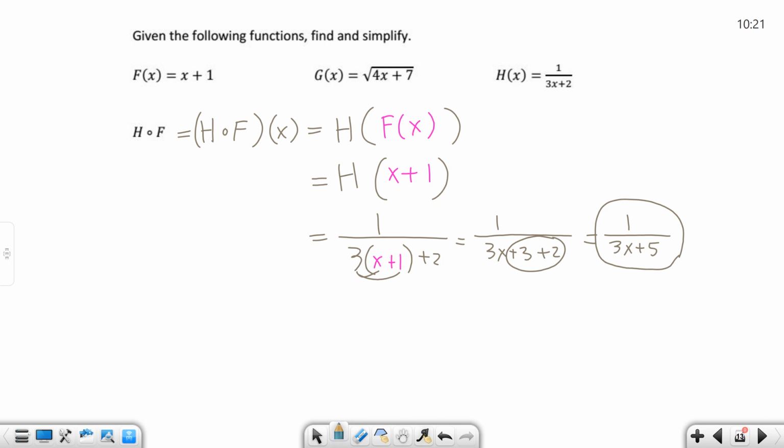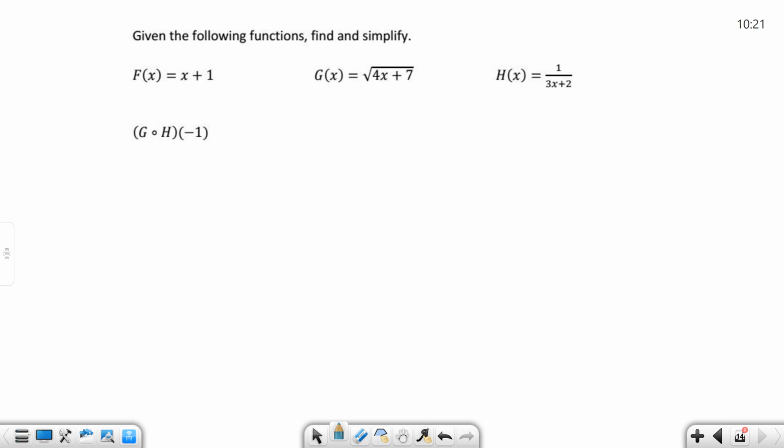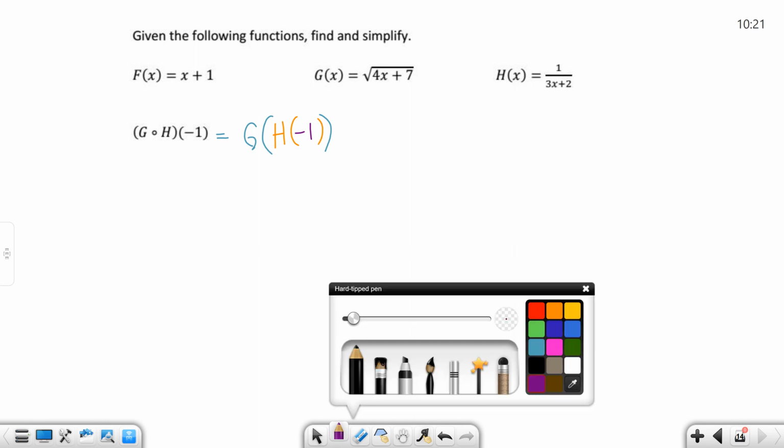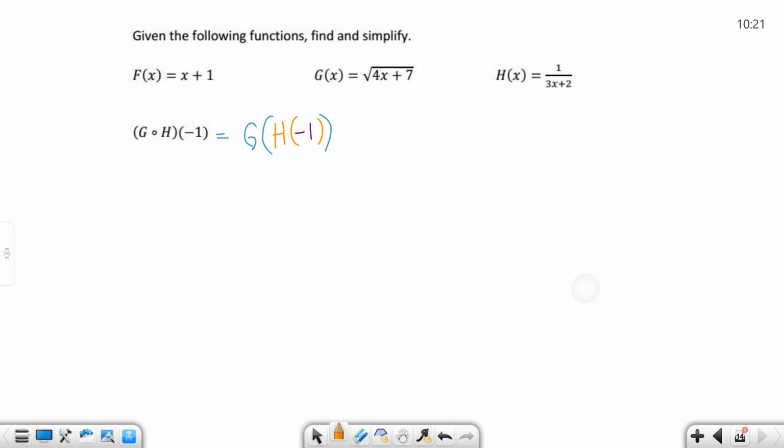Oh, I used that color again. Oh well. Capital G of capital H of negative 1. So this means capital G of capital H of negative 1. Okay? So what I need to do is an orange thought cloud, right?